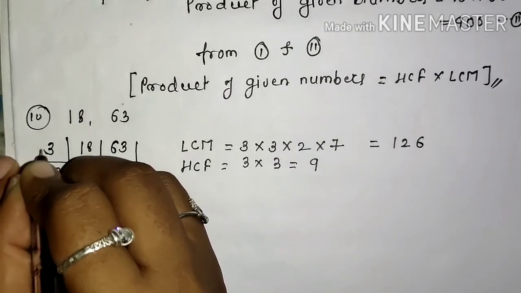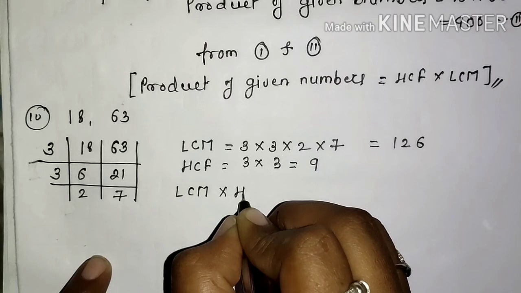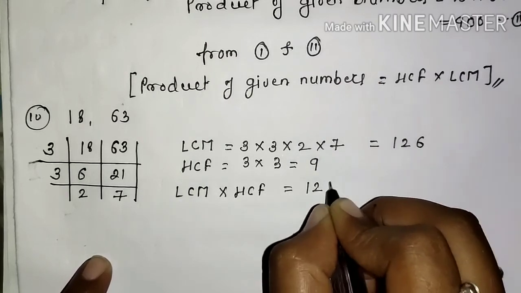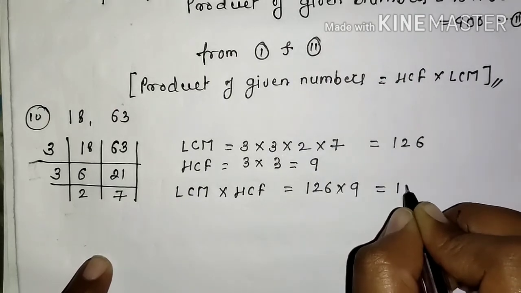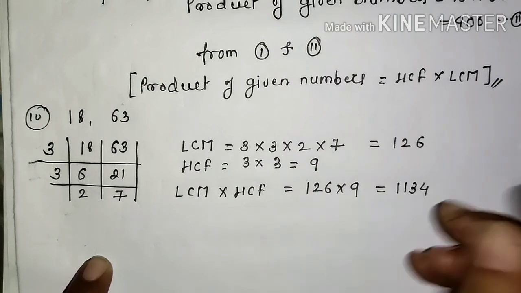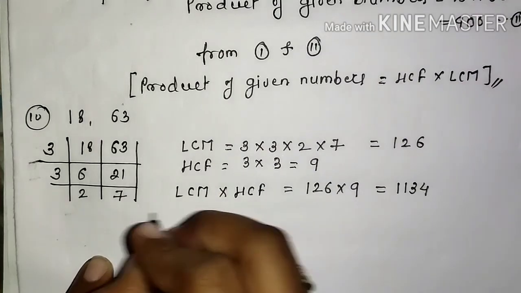Multiplication of these two numbers: the LCM into HCF is equal to 126 multiplied by 9, which is equal to 1134. If you want, you can make this multiplication on the rough page and verify.